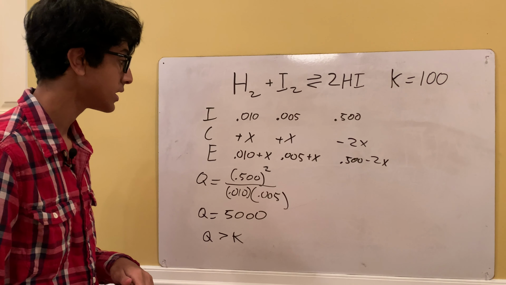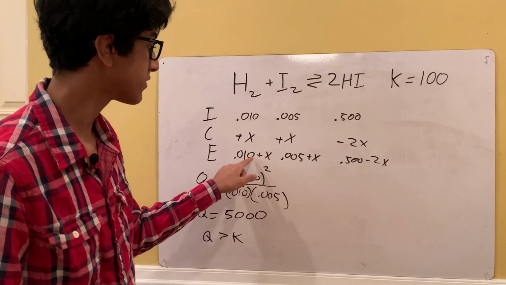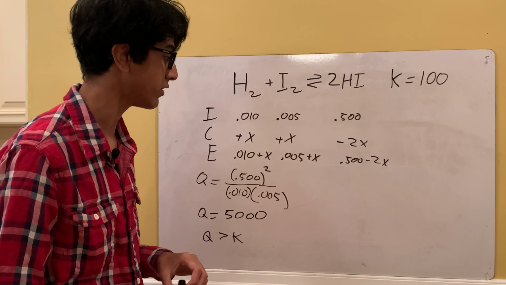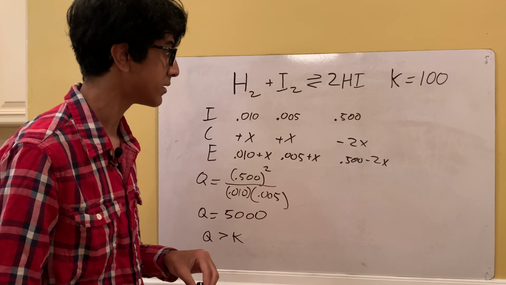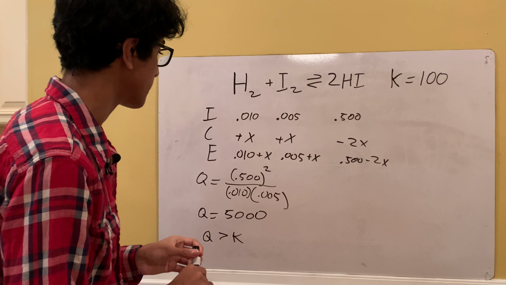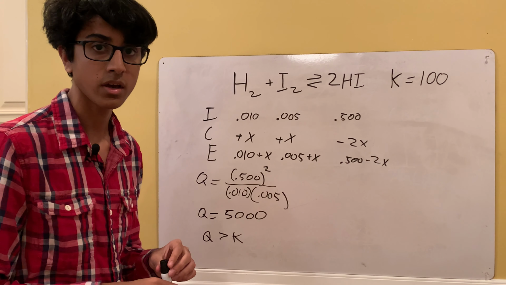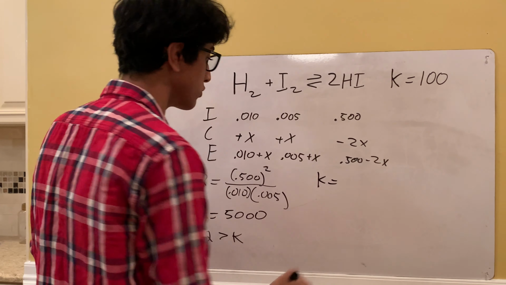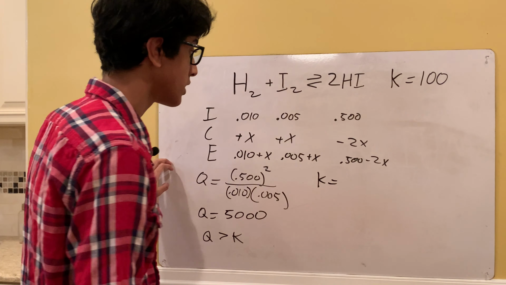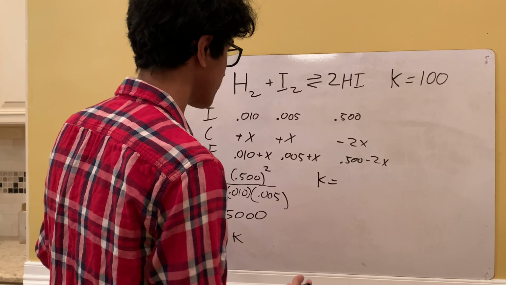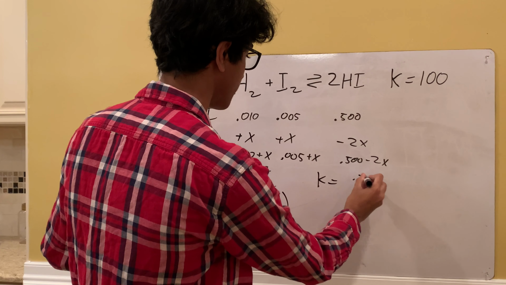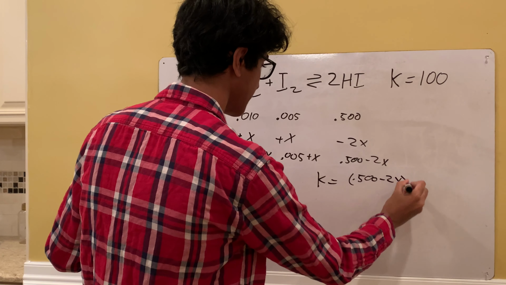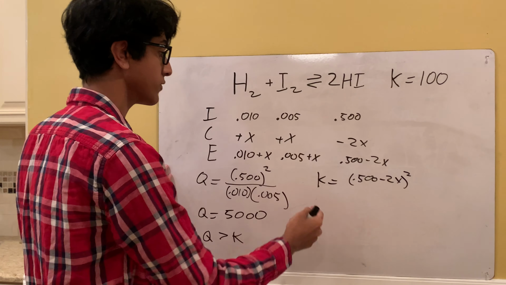All right. And now, using this, we can use some basic algebra to solve for the variable x. And the way we do this is to set up an equilibrium constant equation. So we know that K is equal to products over reactants. So the products is 0.500 minus 2x, and this is squared since there's a coefficient of 2.